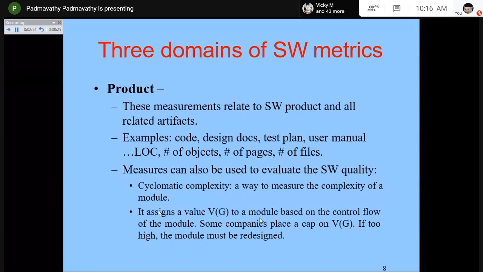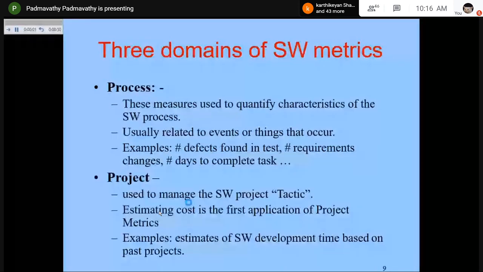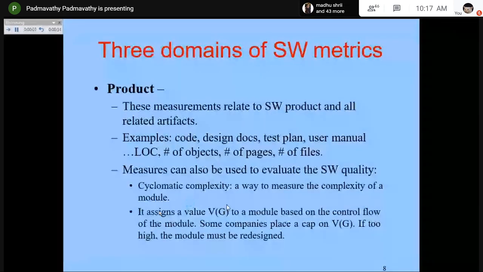Some companies place a cap on V of G. If it is too high, the module must be redesigned. You will be studying this in the design component module stage. You should just know that the quality of the software is measured through cyclomatic complexity, and it is used to measure a module of a project.